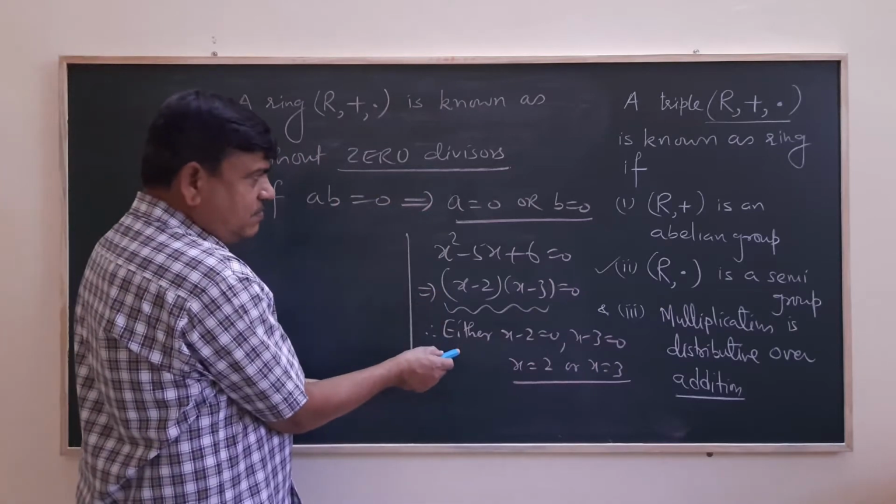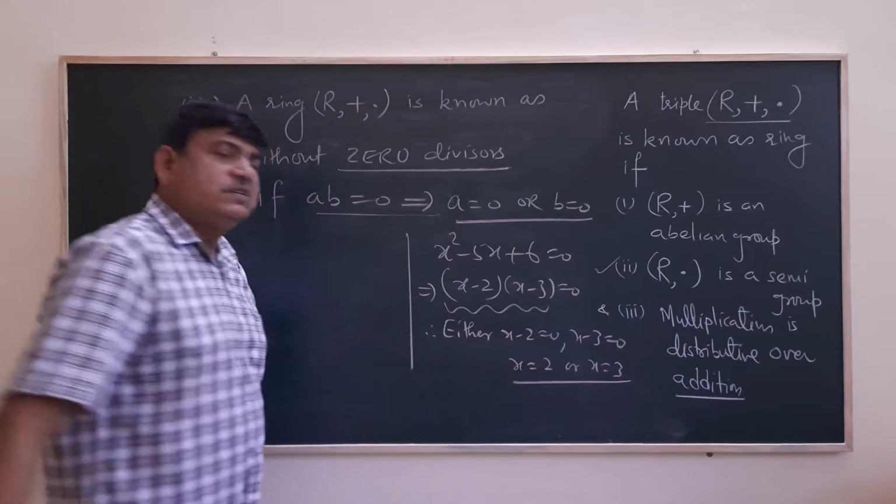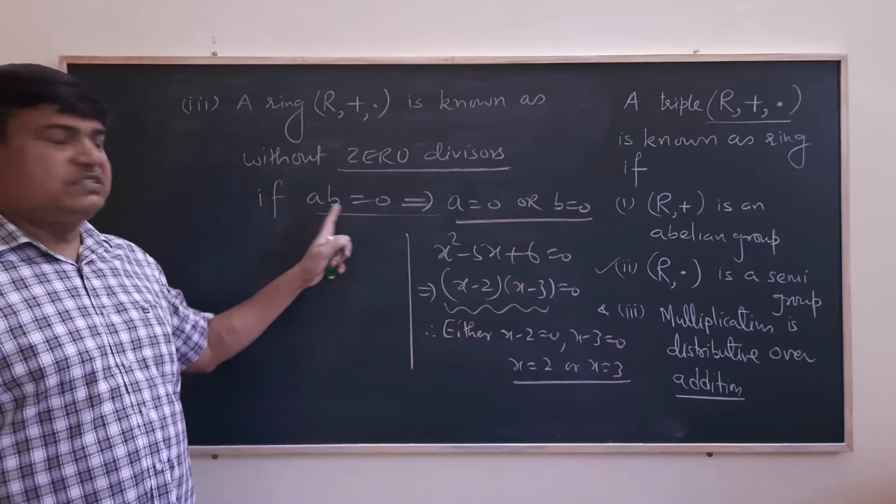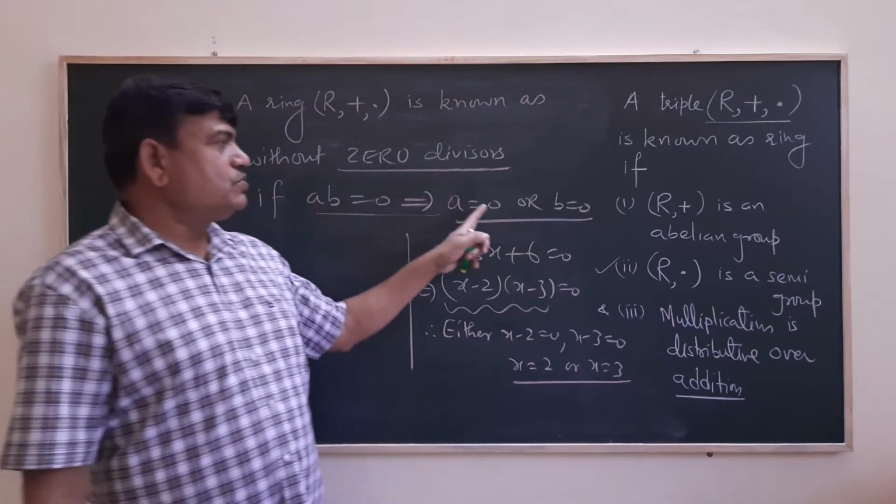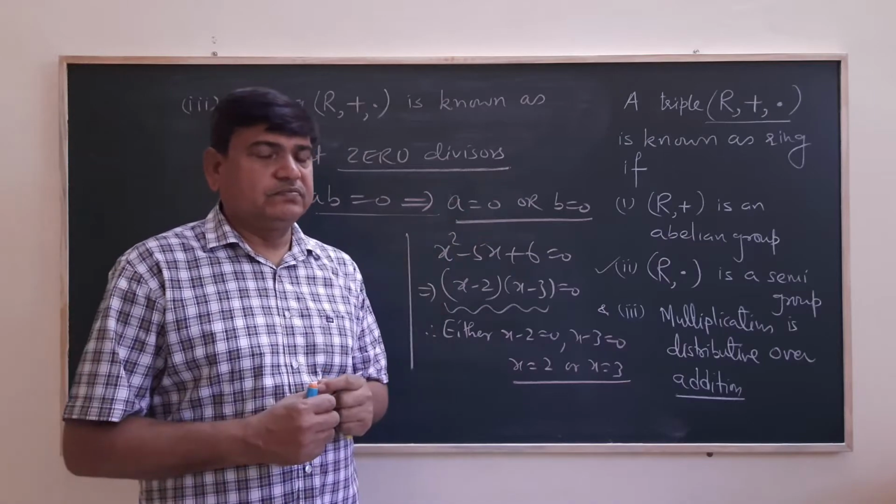This works because I know that if the product of two numbers is 0 then either A equals 0 or B equals 0.